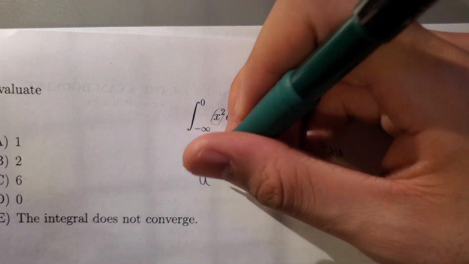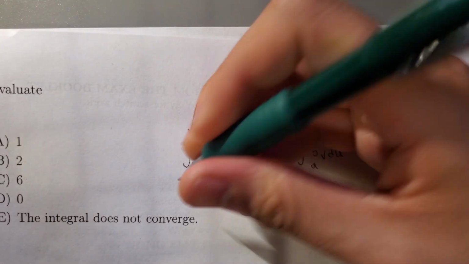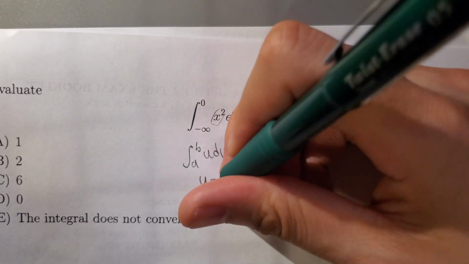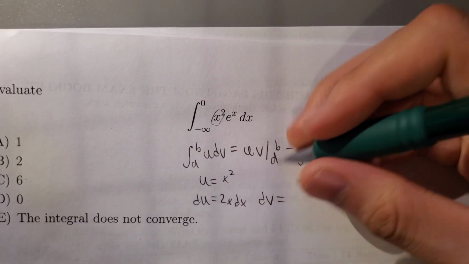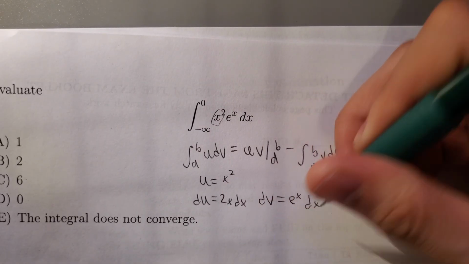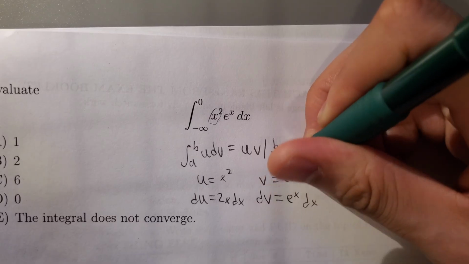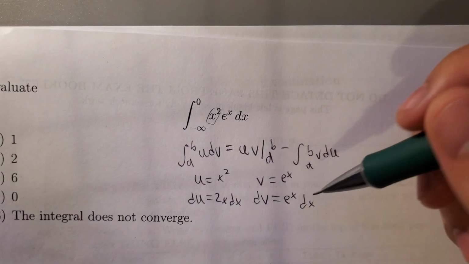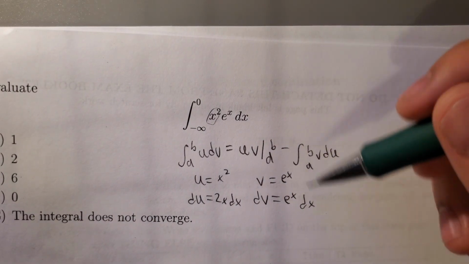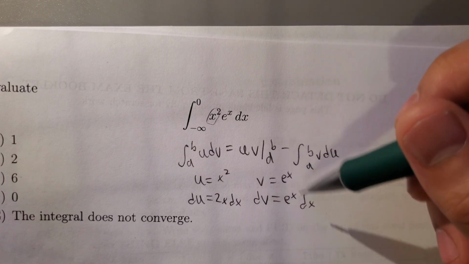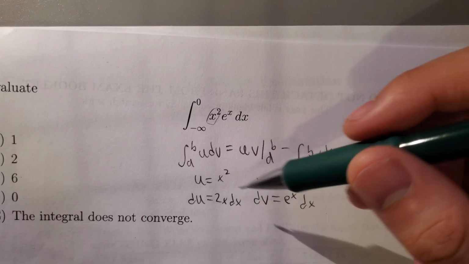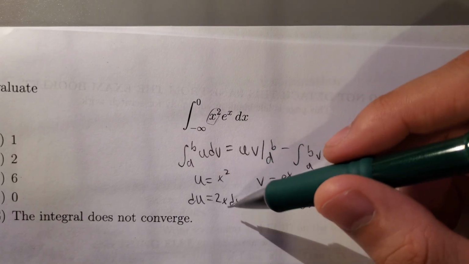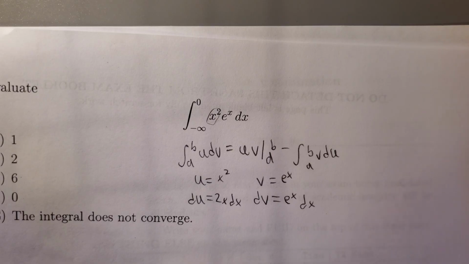So for u, I'm going to use x squared, and then I'll differentiate that and you end up with 2x dx. And then for dv, I'm going to use e to the x, and v is also e to the x, since we just integrated e to the x. And this is nice because we're integrating something that's always going to stay the same, while this derivative is going to keep going closer and closer to 0. X squared, 2x, 2, and then 0.